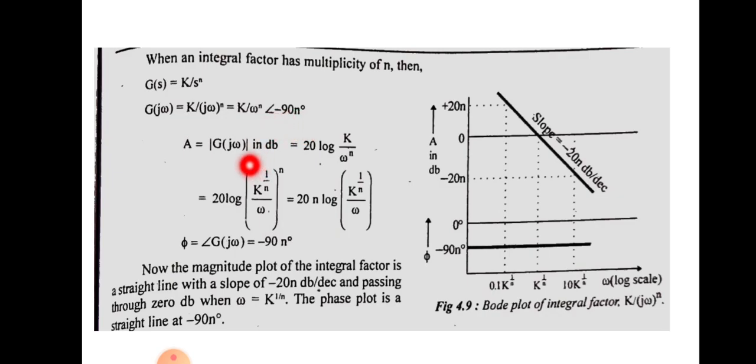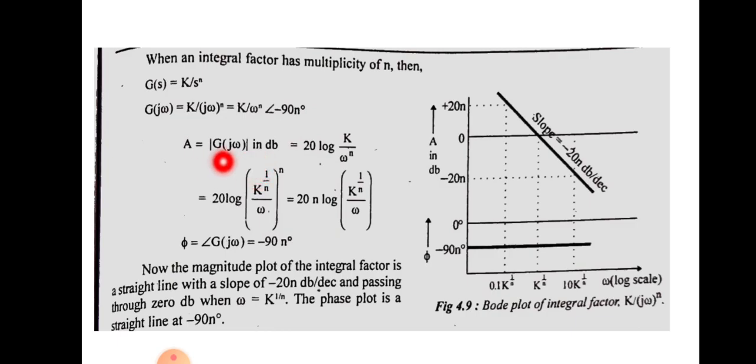See, the j omega terms come in the denominator, and since there are n such terms, the phase will be minus 90 into n. Therefore, n times 90 degrees will appear.